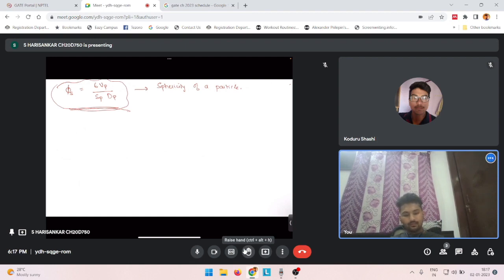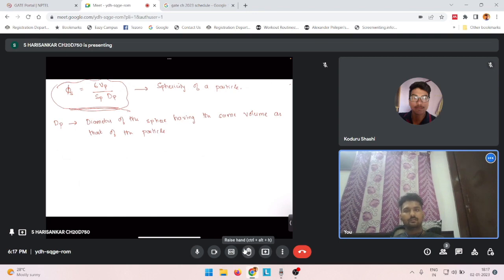Anyways, when I said dP, what this dP essentially means is that dP is the diameter of the sphere having the same volume as that of the particle.